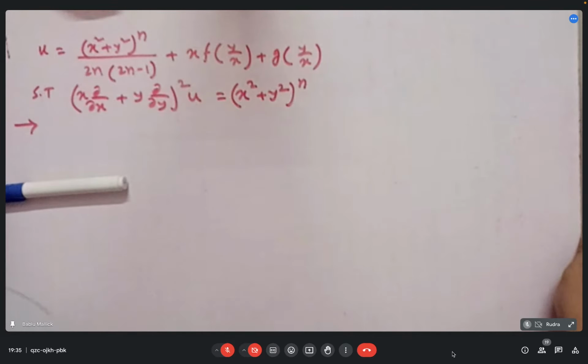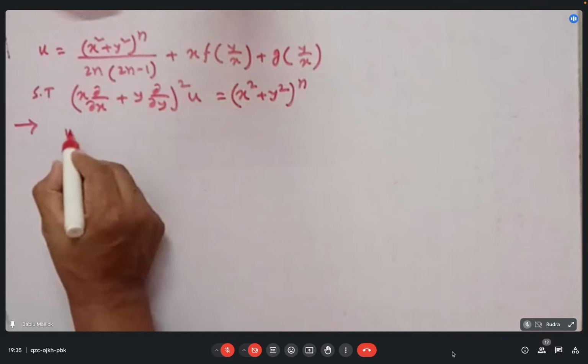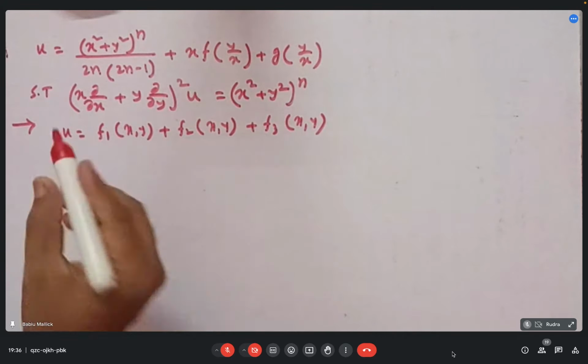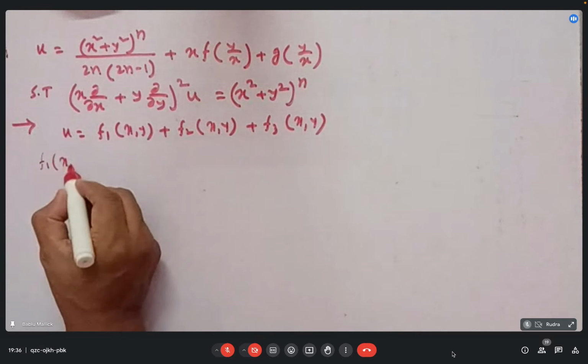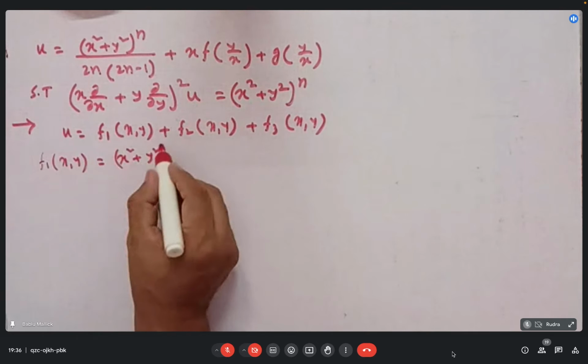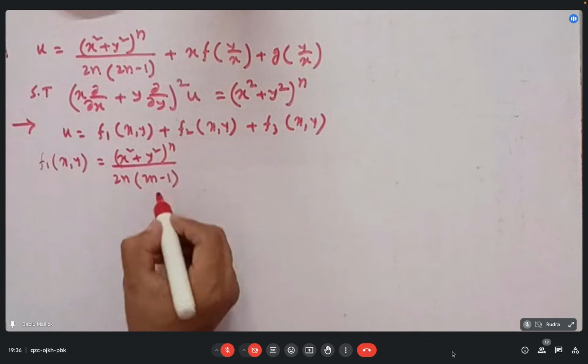We can proceed in this way. Look, we shall take, let u is equal to f1 x comma y plus f2 x comma y plus f3 x comma y, where f1 x comma y is equal to x square plus y square whole to the power n by 2n into 2n minus 1.